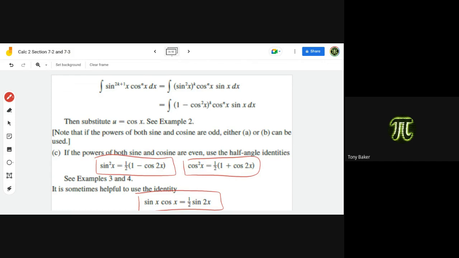Because remember, basically the goal is to get rid of the exponents, or to get it into something that I don't have to deal with cosine squared or sine squared, because I can't do an integration of those.